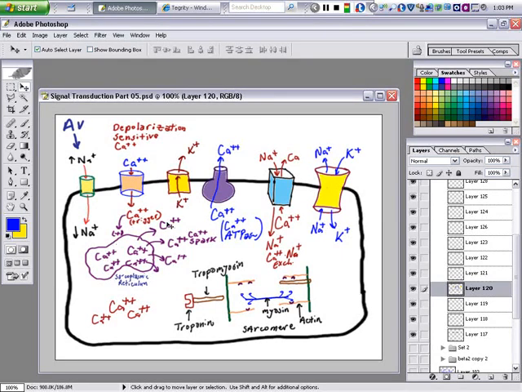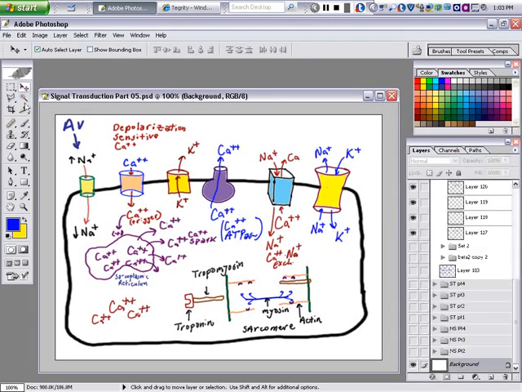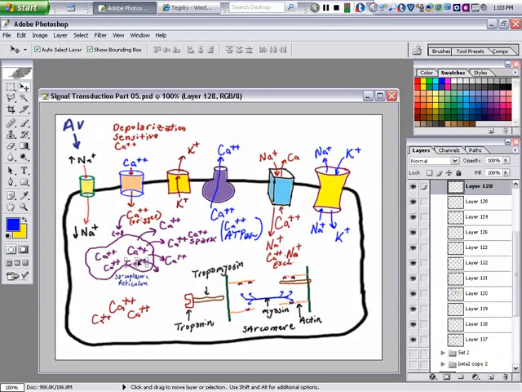They're going to release the calcium spark. That calcium spark is going to then go to the troponin, cause troponin to cause tropomyosin to release. Then you're going to get contraction of the heart cell. And so the heart is going to contract.